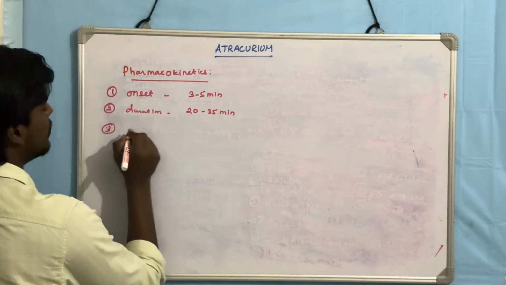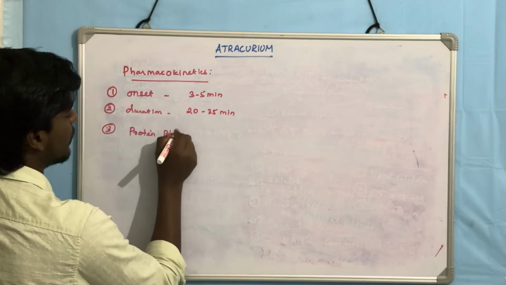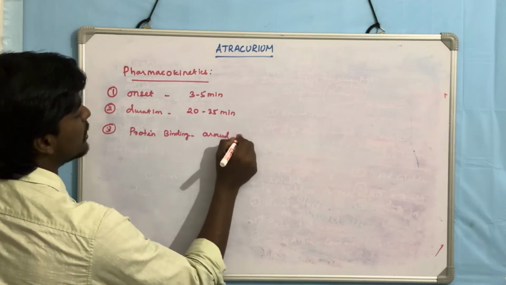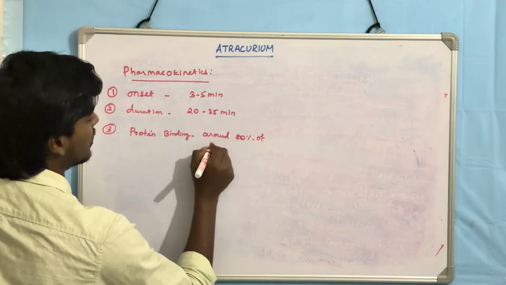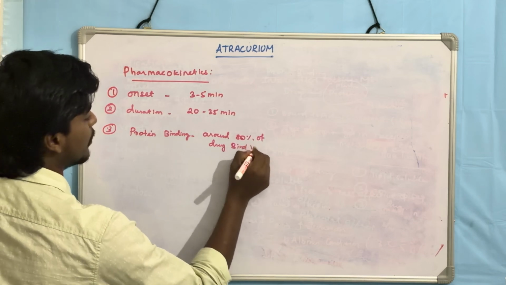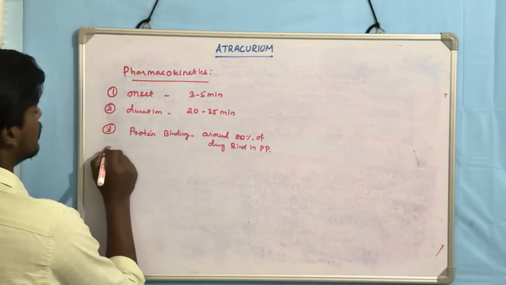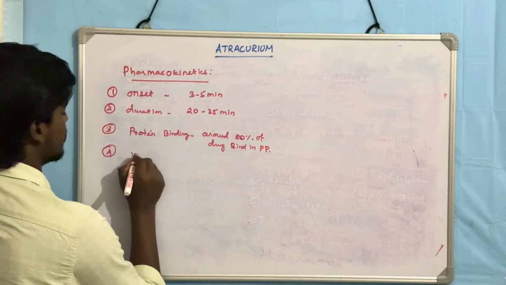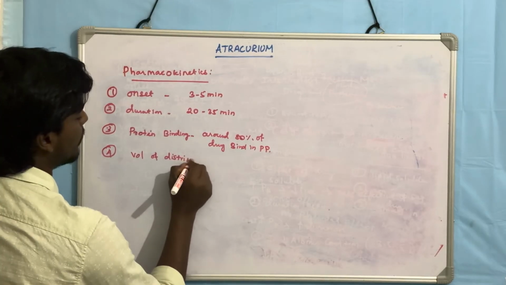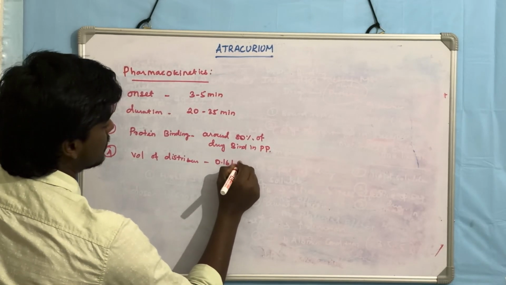Third is protein binding. Around 80% of the drug binds to plasma protein. And the fourth parameter is volume of distribution, which is 0.16 liters per kg.